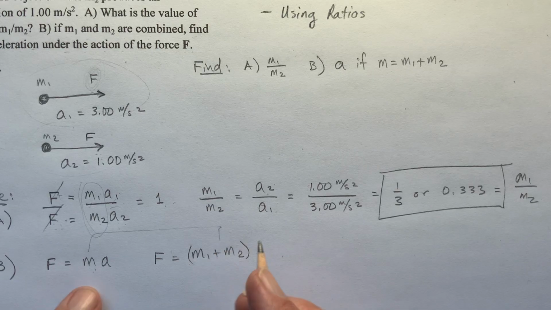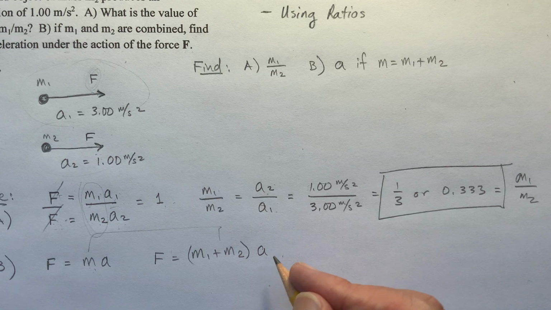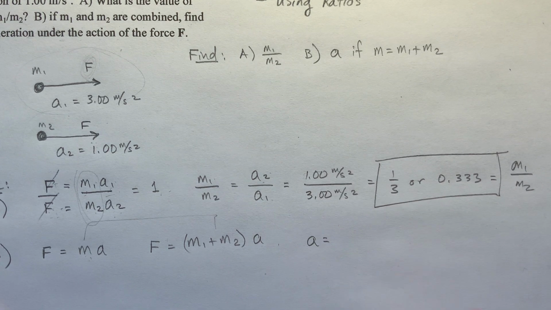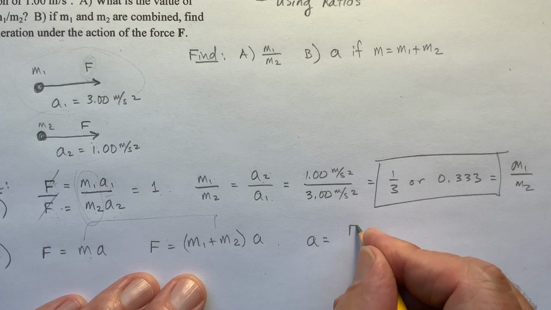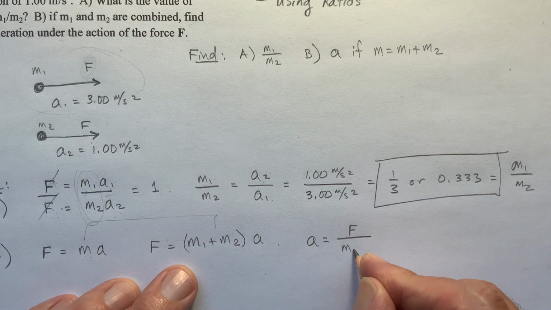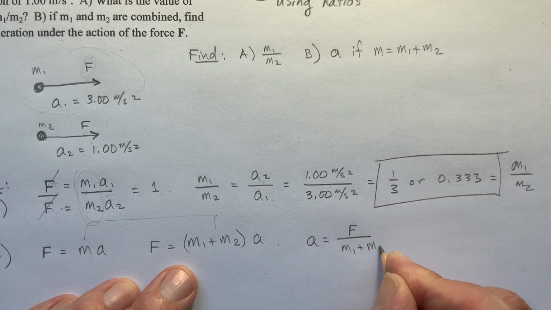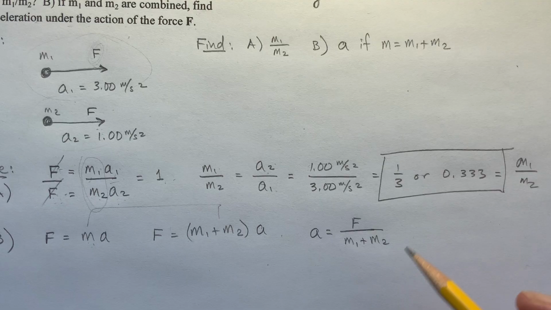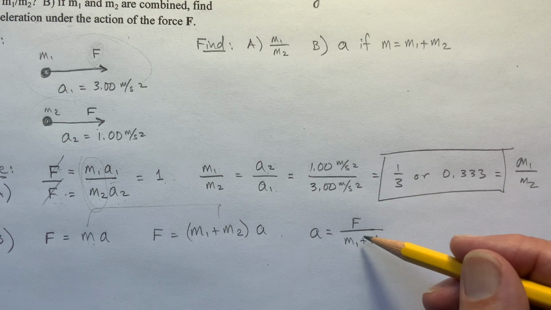That's the total mass times the acceleration. And now I can solve for the acceleration. I can say the acceleration is equal to the force divided by m1 plus m2.